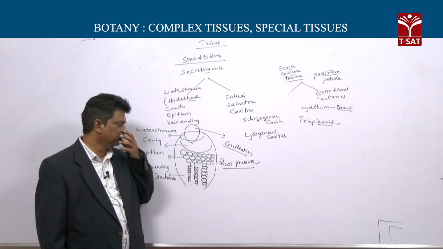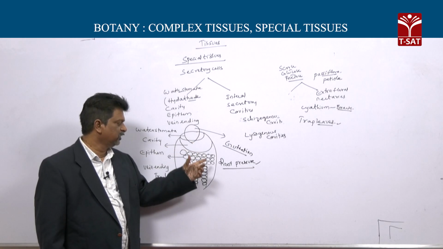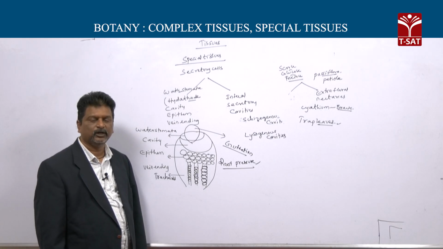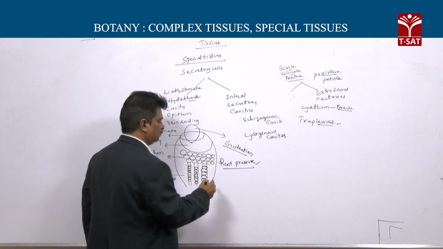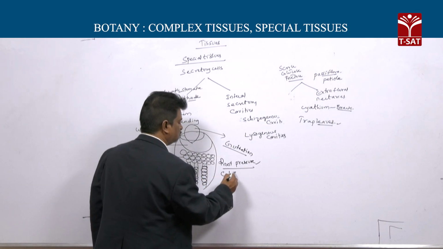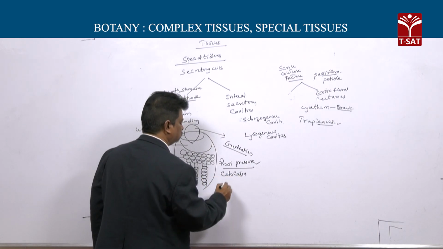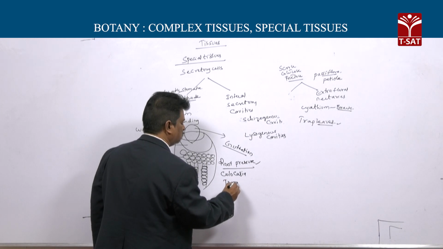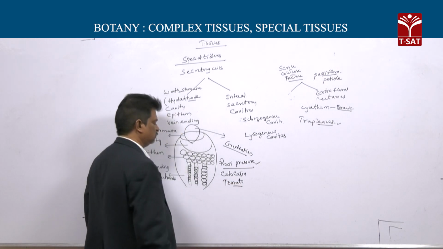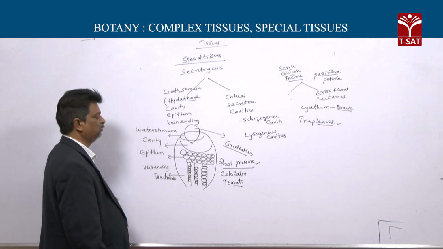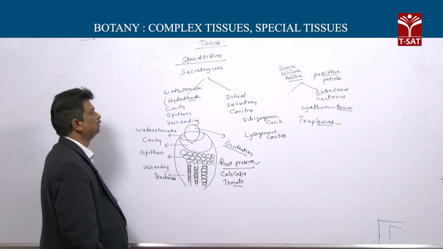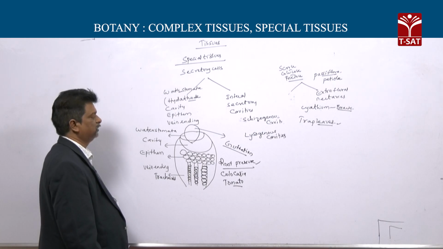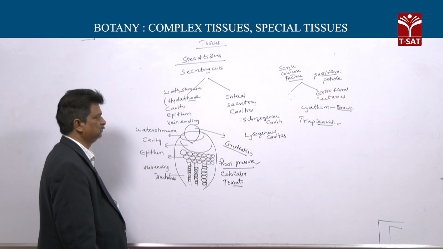And because of this reason, guttation occurs in smaller plants like grasses. Example for guttation, Colocasia, tomato. This is about external secretory cavities.